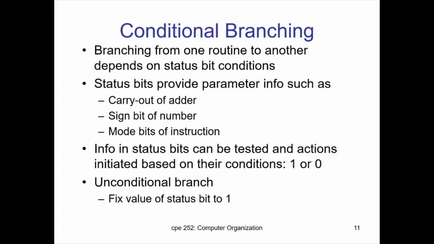Unconditional branch: fixed value of status bit to 1. If the ATM machine is out of order, no one can take money. If you don't have money in your account, you cannot take money. I could take money, but there is an unconditional branch. That is, the status bit will be 1, and no one will be allowed to take money from the ATM.